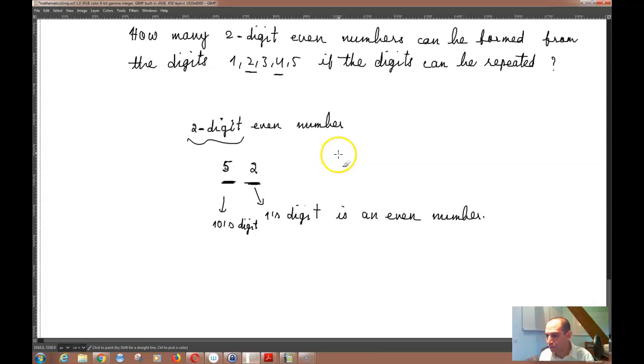By the fundamental principle of counting, the total number of two-digit even numbers that can be formed using these 5 digits is 5 times 2, which is equal to 10 numbers.